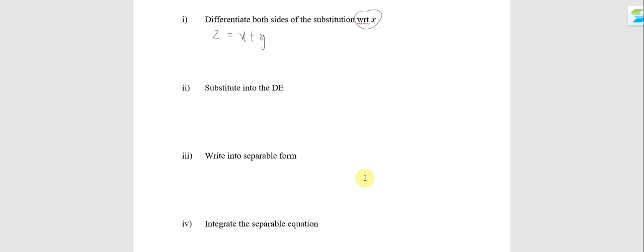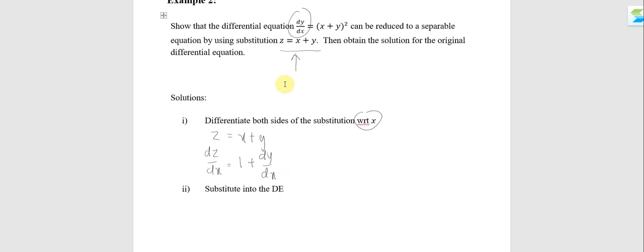So you differentiate with respect to x. So you have dz over dx equals 1 plus dy over dx. Okay. So from here, you need to substitute into the DE. Where is the DE? This is the DE.